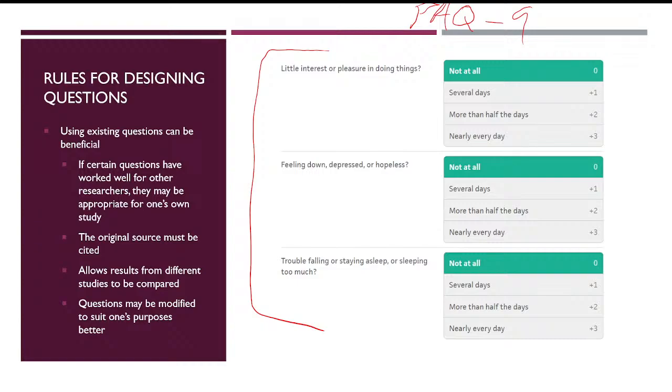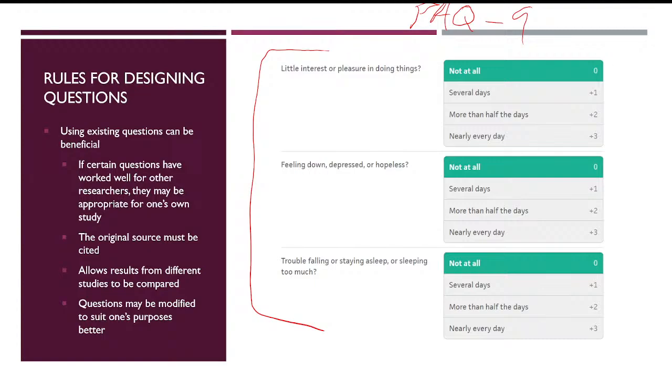And you can integrate those questions and whatever measurement tool they have in there, usually a score, into your own survey so that you get a really objective way of measuring something like depression. You can modify them if you need to, but especially at the starting out level of coming up with survey questions, it's not always easy.